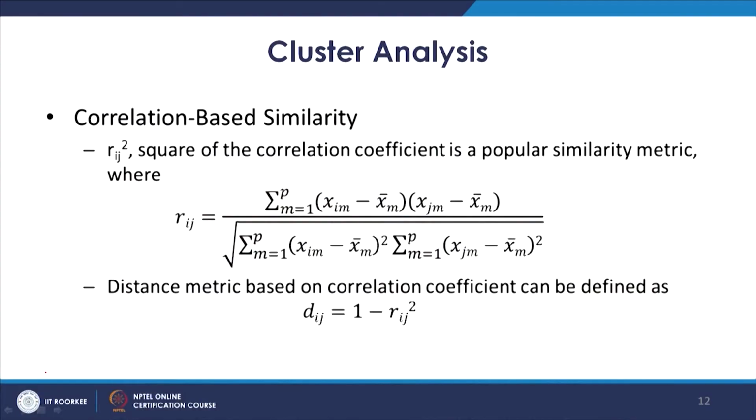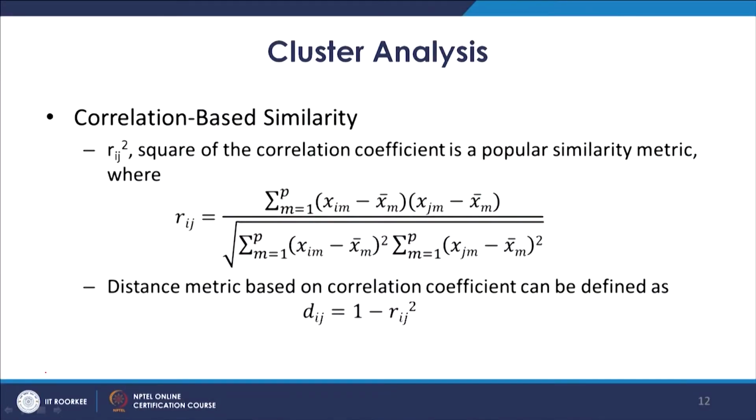It is essentially computing a similarity between two variables, and the square of this correlation coefficient can be used as a similarity metric. This formulation, which we can see in the last point in the slide, Dij = 1 minus Rij square. So, the square of this correlation coefficient is now being converted into a dissimilarity metric, and therefore can be used as a distance metric.